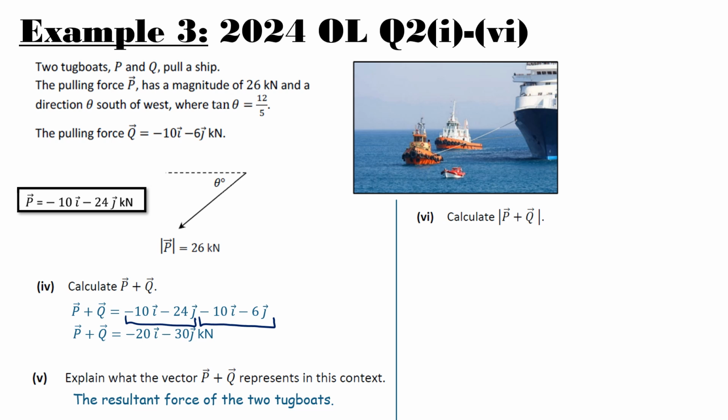That is effectively what it means. So the resultant force, so what way is the force moving on the boat? Okay, and then they ask us to get the magnitude of this. So we are applying the magnitude after we've done P plus Q, so we're applying it to our answer from part 4. And that works out as 36.06 kilonewtons.